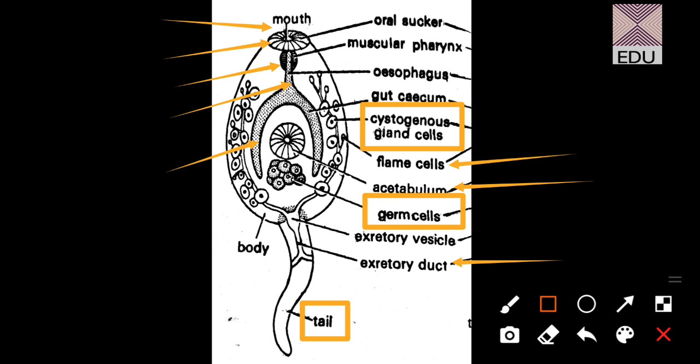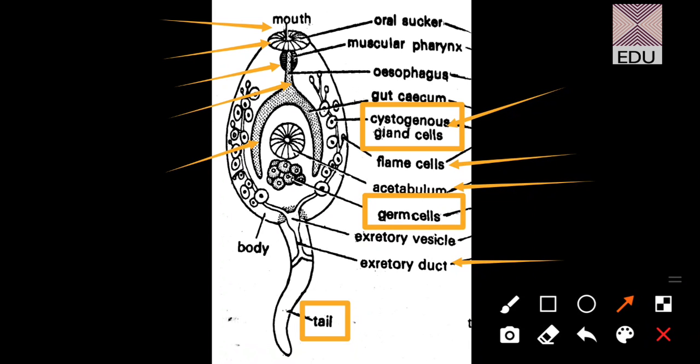tail. So by the lashing movement of the tail, it will swim out. First of all, it comes out of the snail, then it will swim out of the pond, it will stick to some leaves, and then with the help of the cystogenous glands, it will be secreting the cyst wall around it.